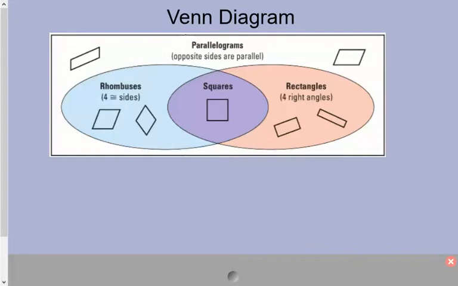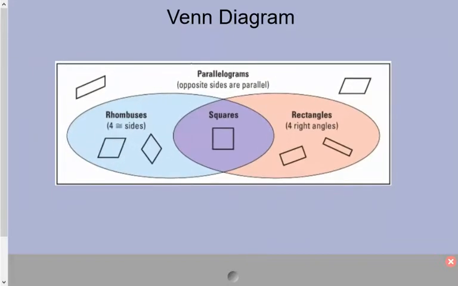In addition, they have new, more specific properties. So what we have is this world of parallelograms, and then we have rhombuses, rectangles, and squares overlap. A square has all the properties a parallelogram has, a square has all the properties that a rhombus has, and a square has all the properties that a rectangle has. So squares have a lot of properties.